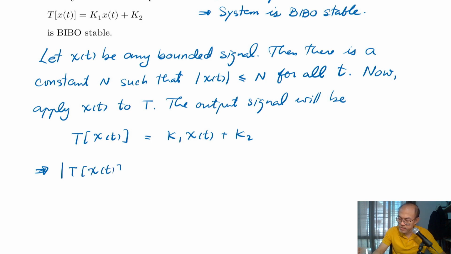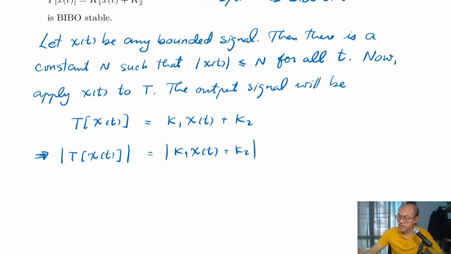Now, when we take the absolute value, we're going to have the absolute value of k1 x(t) plus k2, right? And we know from the absolute value operator that this is less than or equal to the absolute value of k1 x plus the absolute value of k2.